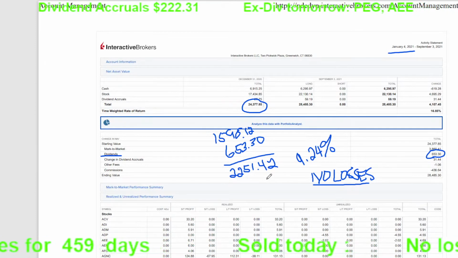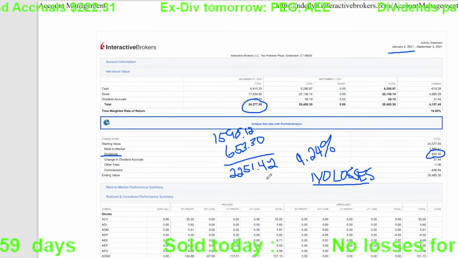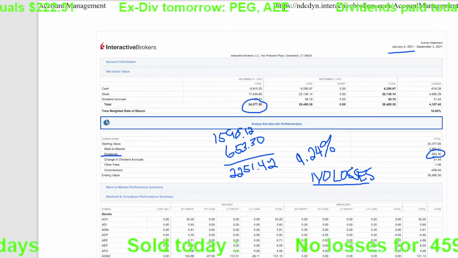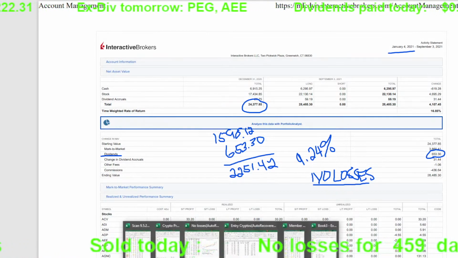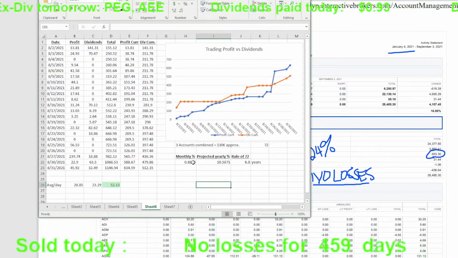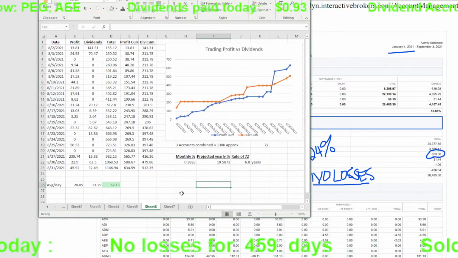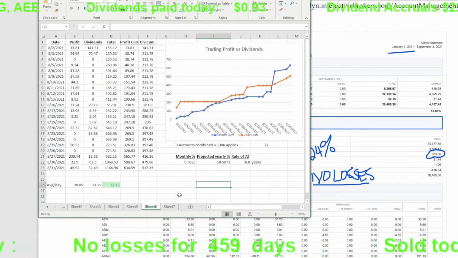We know that one of those other accounts is probably not hitting because we know, for whatever reason, looking at this, we can tell on a month-to-month basis everything's coming down, but our overall percentage for 3 accounts combined is 0.8823%.